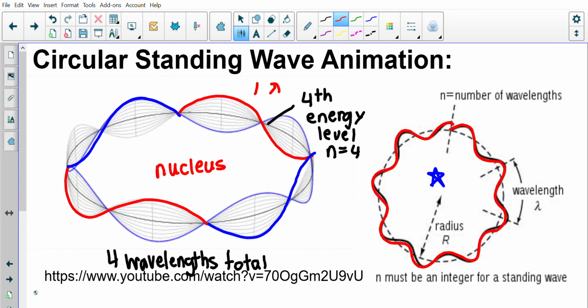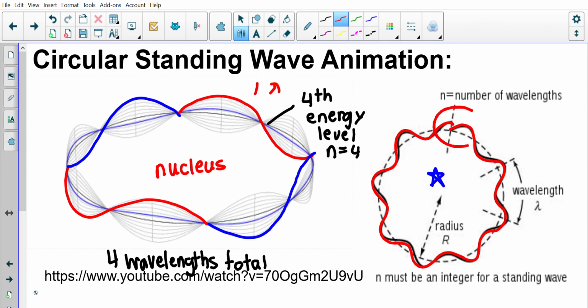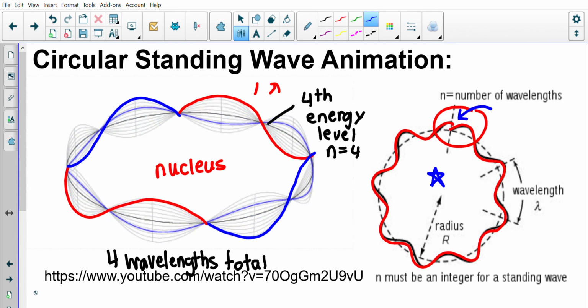Okay, and so this wasn't exactly 7 wavelengths. It was 7 plus a little bit. And because it's not an exact number, right there where I'm circling, when the wave joins up, it doesn't join up properly. And so what happens is the wave is going to interfere with itself right here, and that's going to end up destroying the wave, and it won't function properly.